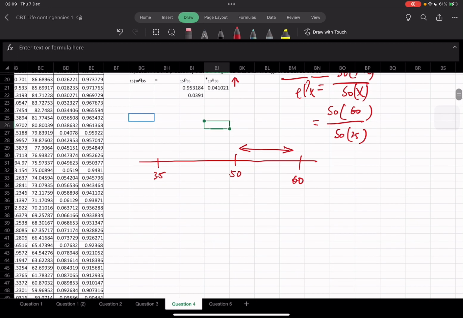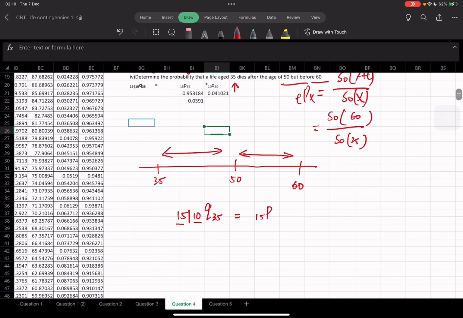We can write in actuarial notation: the person is alive for 15 years, 15 deferred, and then dies between 50 and 60, which is 10q35. This is death, this is alive. We can break this down into the person being alive for 15 years, and then dying in the 10-year age range.